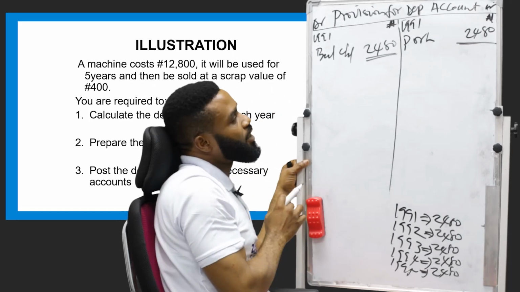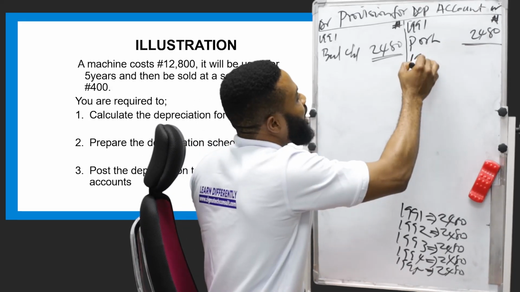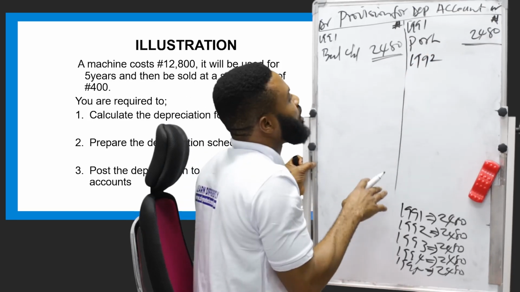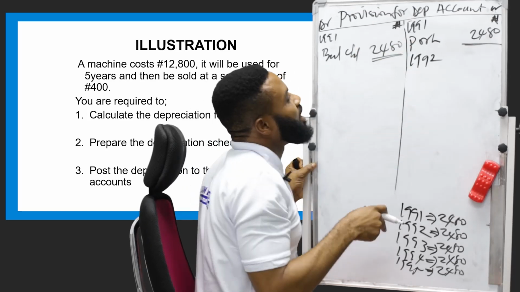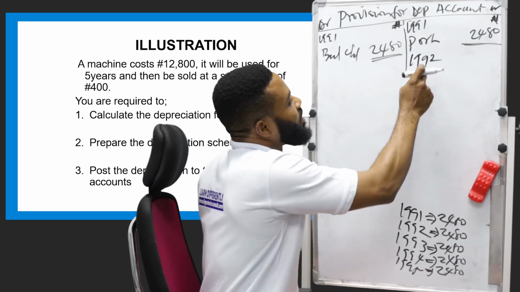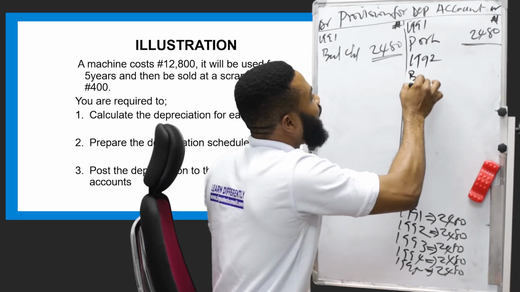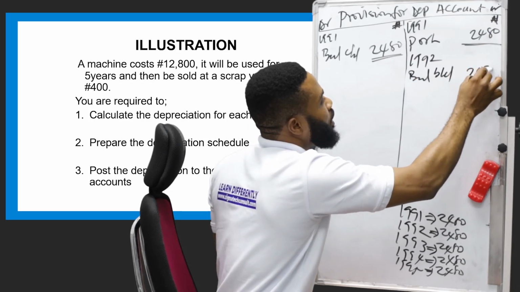That's for 1991. Now the next year is 1992, the second year. The balance has to be carried into 1992, so you have your balance brought down, which is 2480.